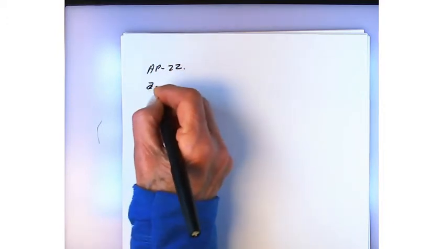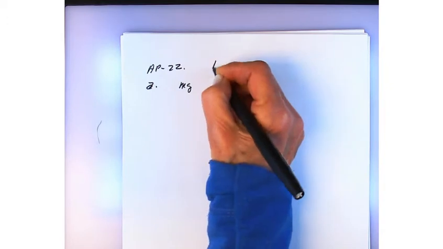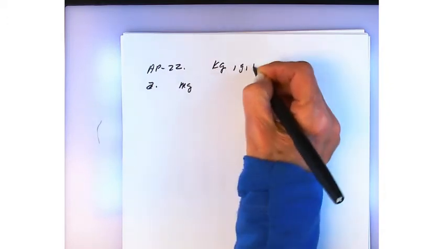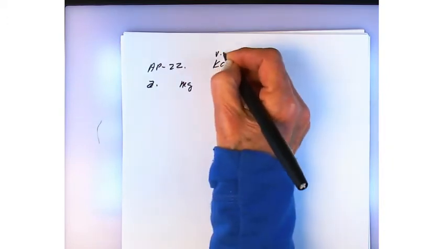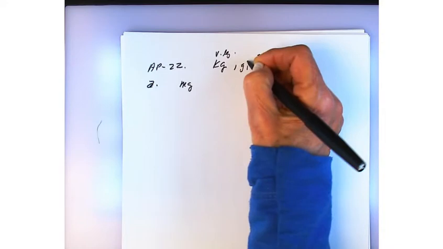A thumbtack hardly weighs anything, so it would be a milligram. We're choosing from kilogram, gram, and milligram. So this is very large, this is small. Gram is in the middle.